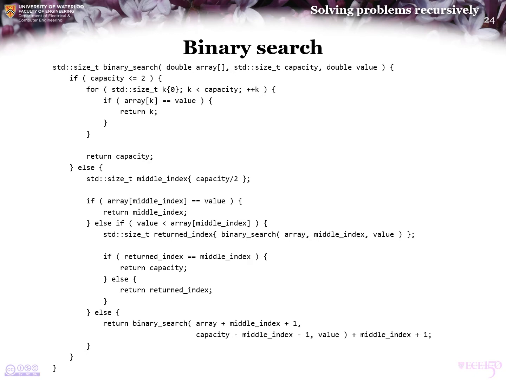Consequently, this is our recursive implementation of the binary search algorithm. Now, whether or not this is easier to understand or more complex to understand than the iterative searching technique we saw before is questionable.